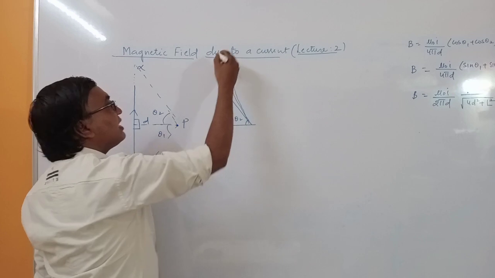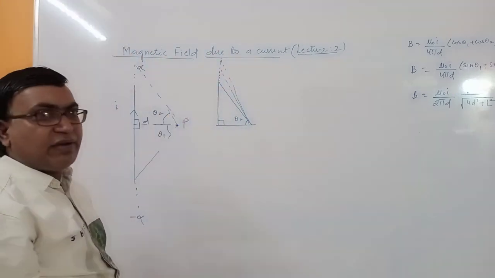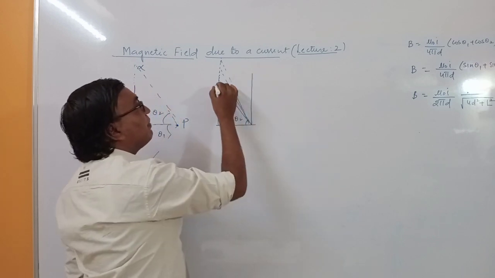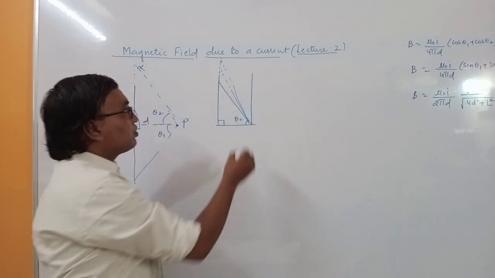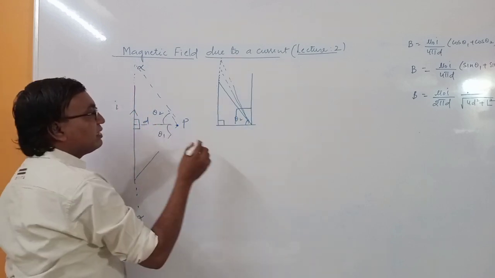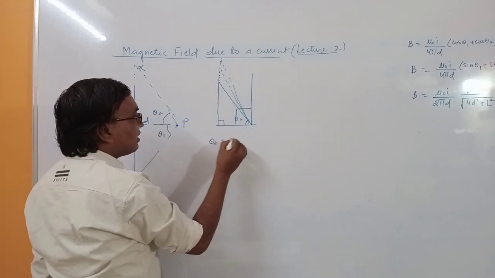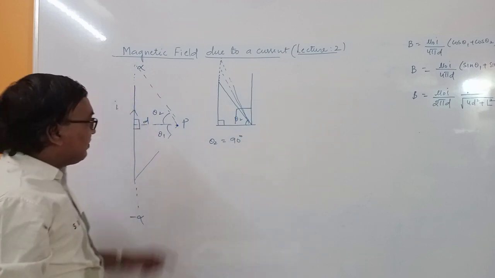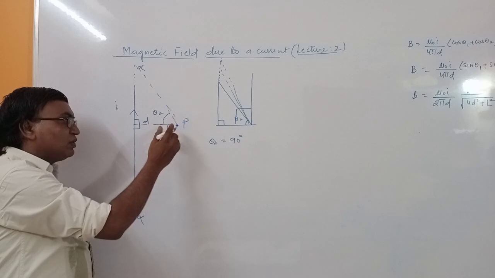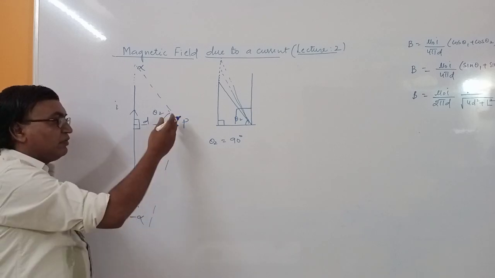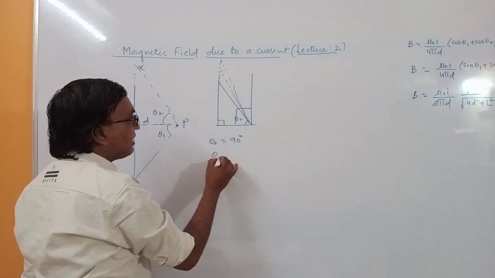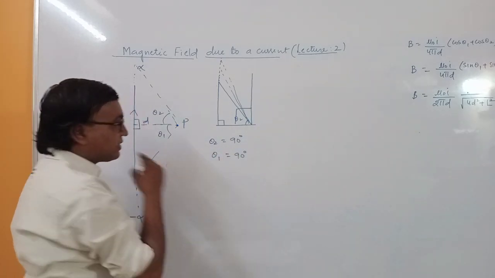So if you go on extending to higher values, then this line will become parallel to this line. So this angle will become 90 degrees. So here theta 2 is 90 degrees. Similarly, if you go on extending this wire, this line will go on extending like this and it will become parallel to this wire. Again here theta 1 is also 90 degrees.